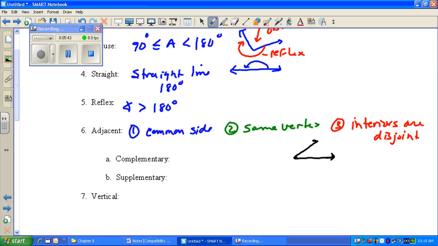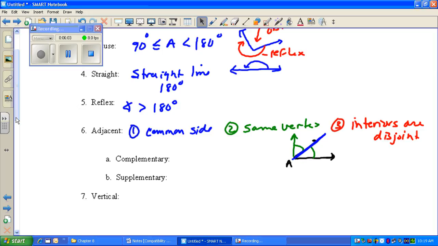So there's my angle, A. So adjacent angle will be right next to it. So here's one angle, here's another. Let's see, they share a common side. The side they're sharing is right here. They share the vertex A, and notice their interiors are disjoint. They have nothing in common.